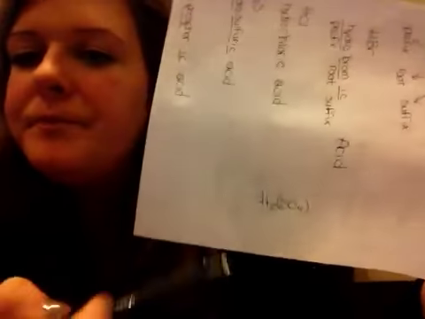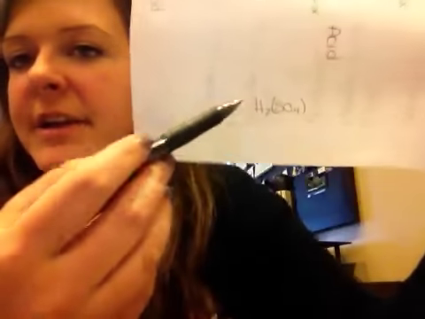Should we do one more? I think we should do one more. Let's do H2SO4. You try this one on your own. Before, we would have called this hydrogen sulfate.